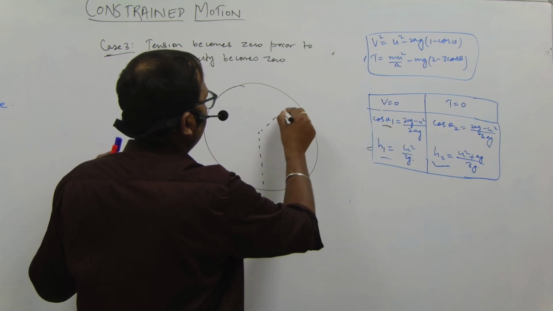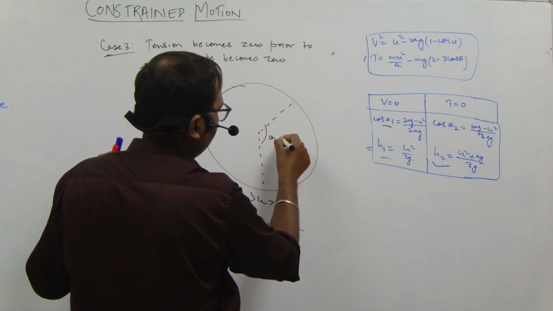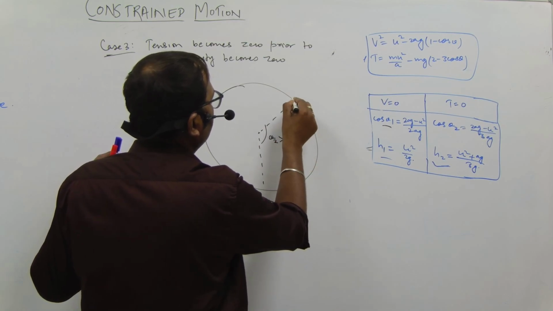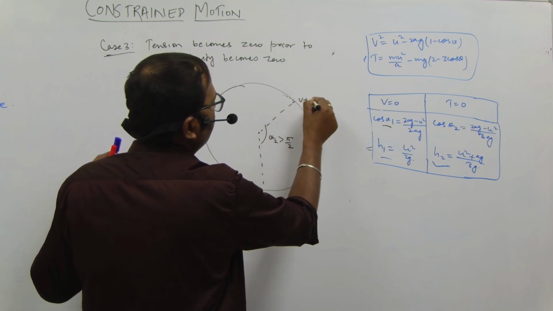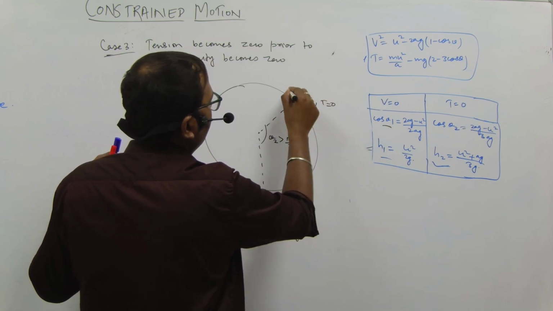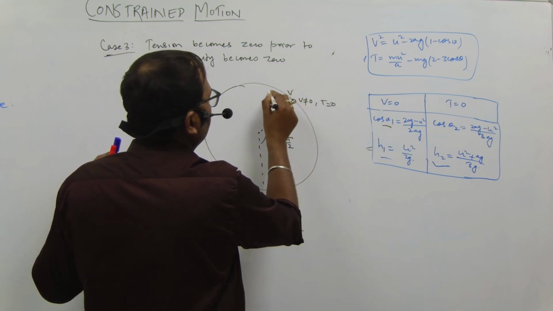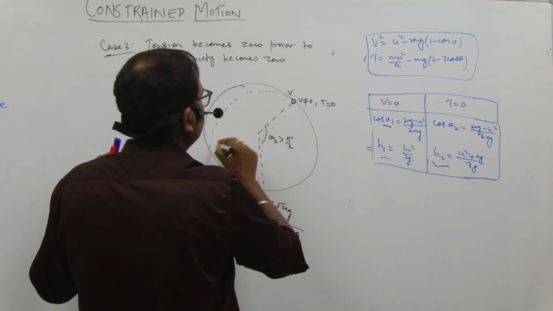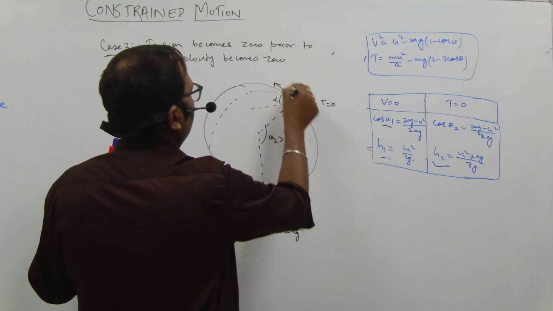Okay, so in this particular case, this theta 2 is greater than pi by 2. At this particular point, v is not equal to 0 but tension is equal to 0. Velocity is still there in the ball, so it will leave the circular path and start following the parabolic path at an angle of alpha.